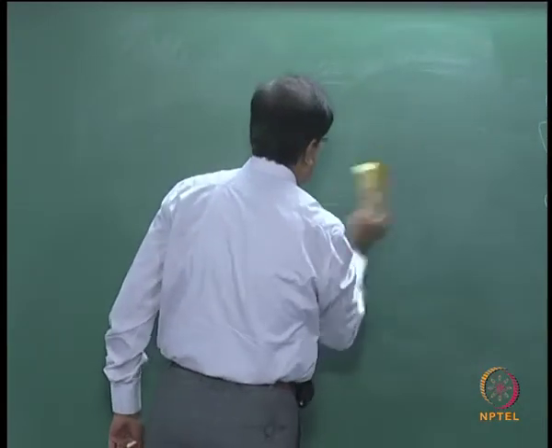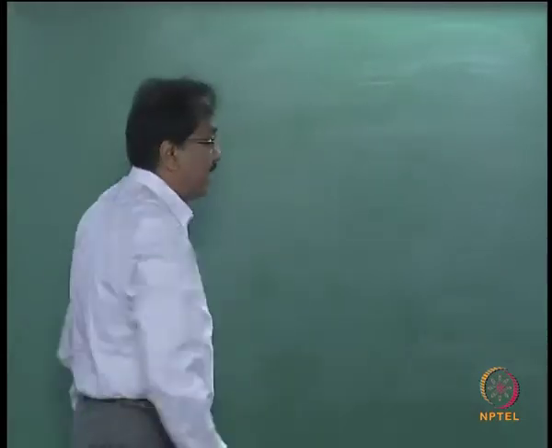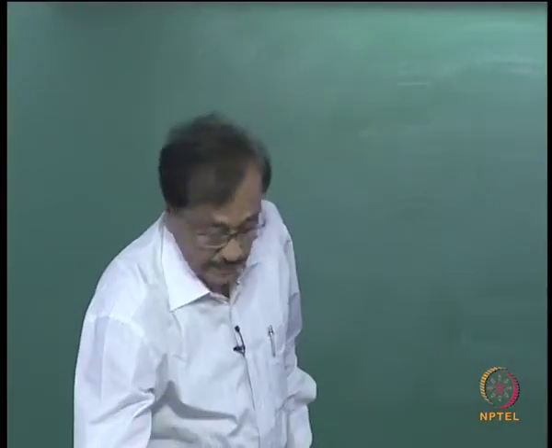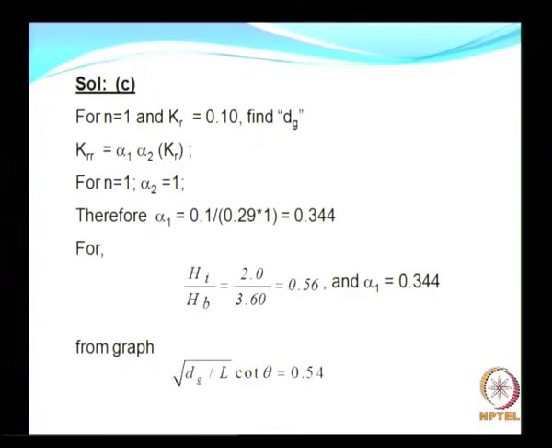Now we will move on to the third one. What is the third one? Third one is n is equal to 1, KRR is equal to 0.1.